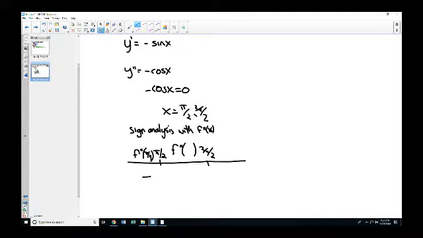2 pi over 2, which is 1 pi. That's about all you can digest at once anyways. Cosine of pi is -1. Tack a negative on there. Okay, and then that's going to be, what is that? 7 pi?